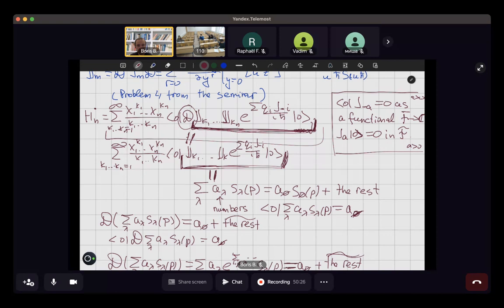And so what is left to understand is how these U operators appear. But you see what we have here in J. Where is J? Yeah, here.